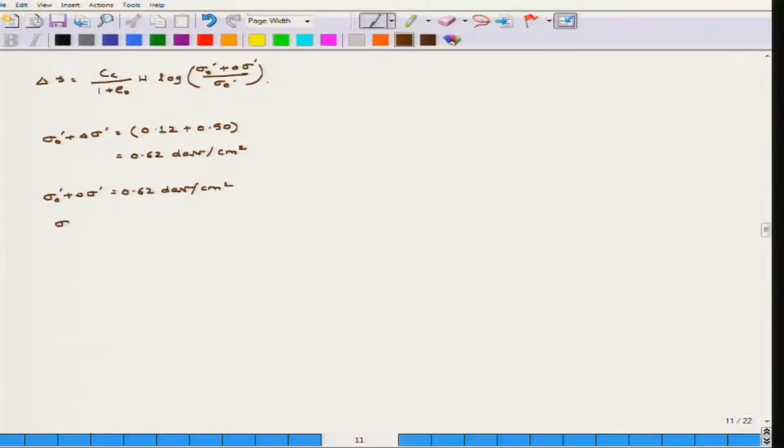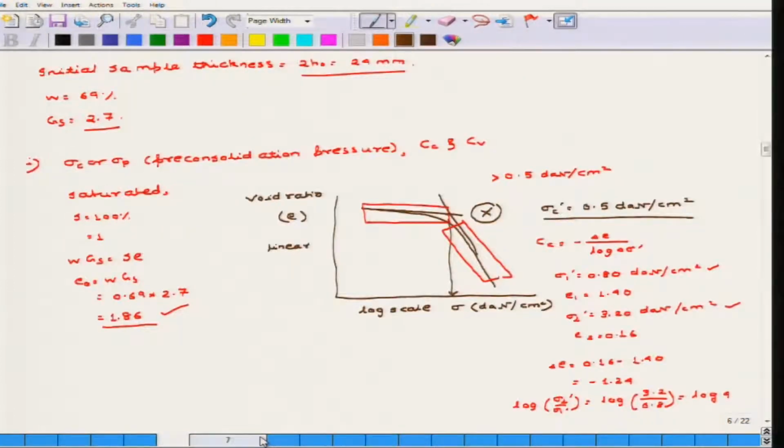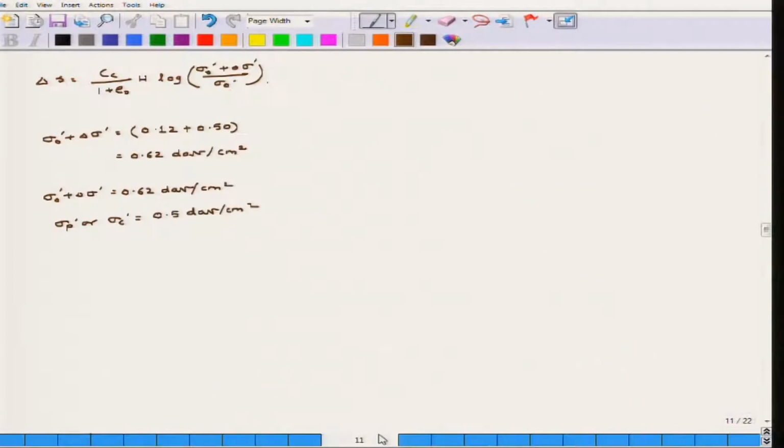And if you remember correctly, sigma p dash or sigma c dash, whatever you call it, is equivalent to 0.5 daN per centimeter square. That is the pre-consolidation pressure. So obviously sigma naught dash plus del sigma dash is greater than sigma p dash or sigma c dash.